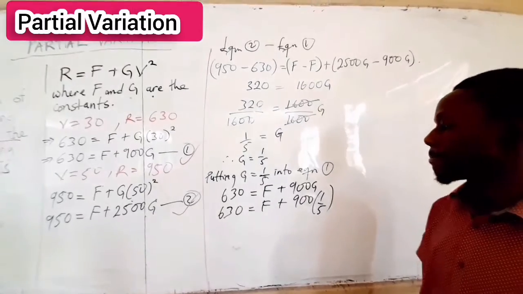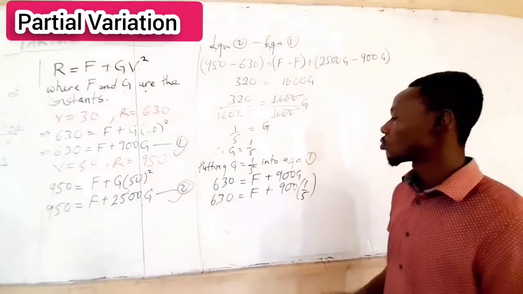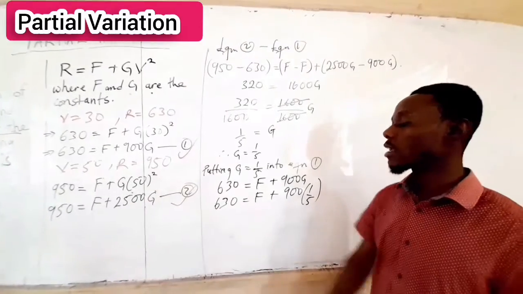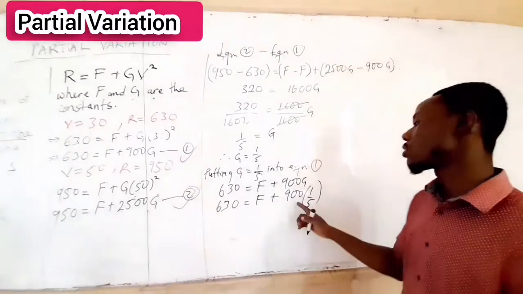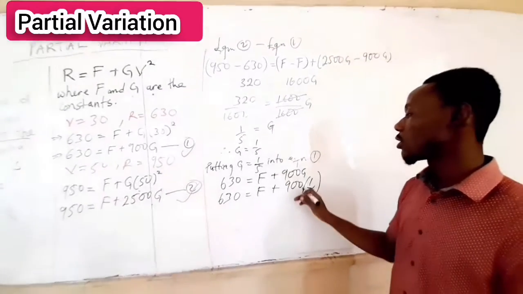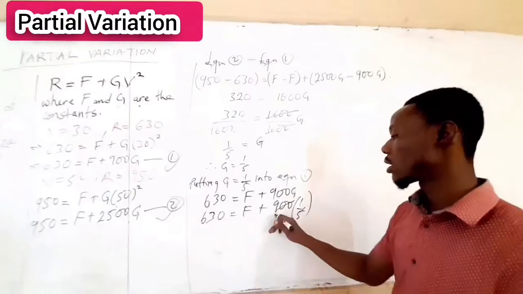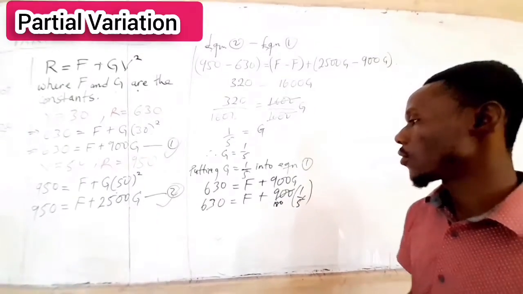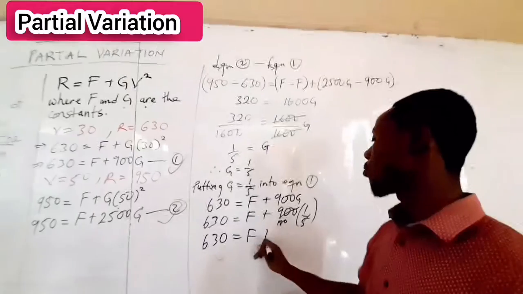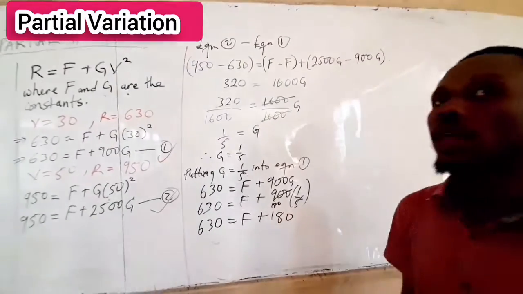So from here, we can decide to bring the whole thing to the other side, or we can also decide to divide first. So let's divide. 5 goes here, 5. Then 5 goes here, 180. So we have 630 equal to F plus 180. Let's group like terms.